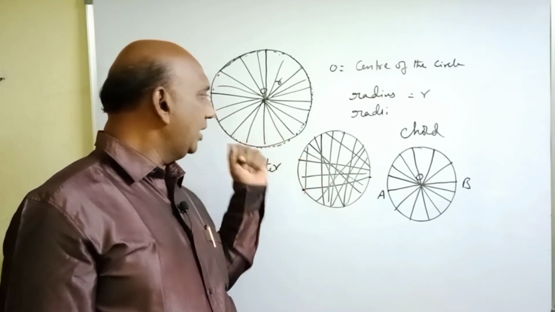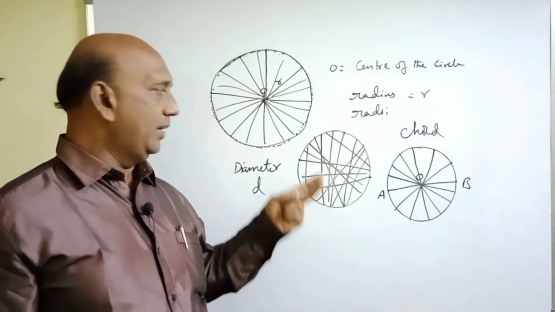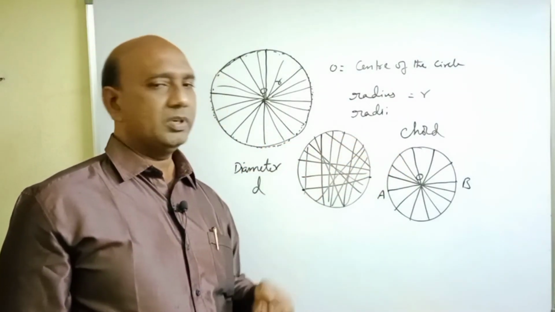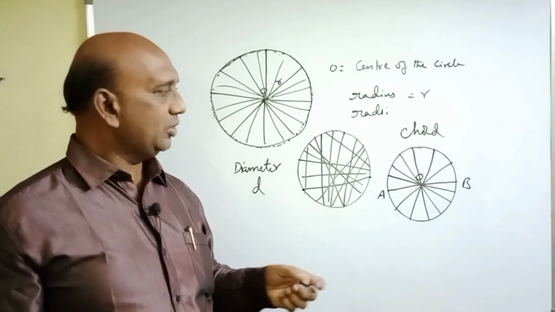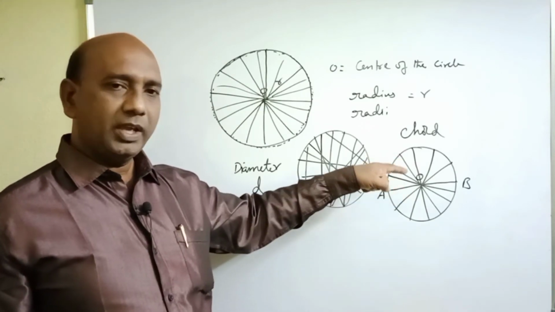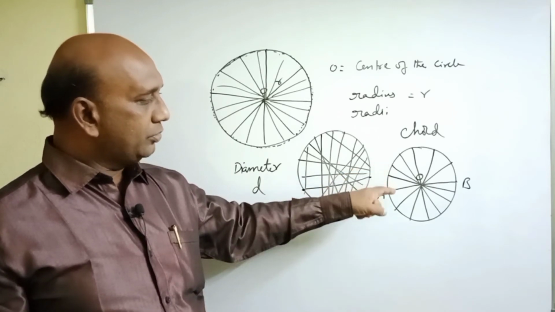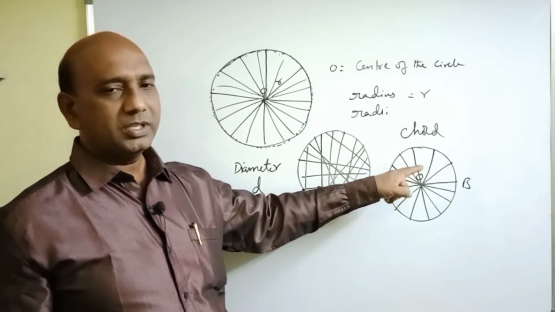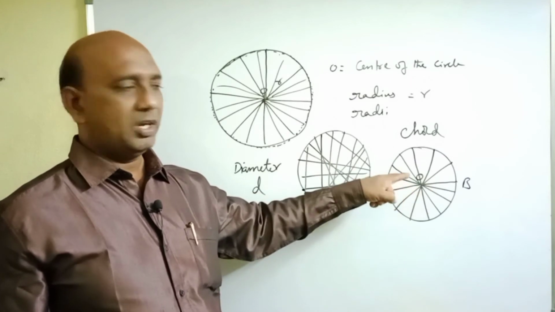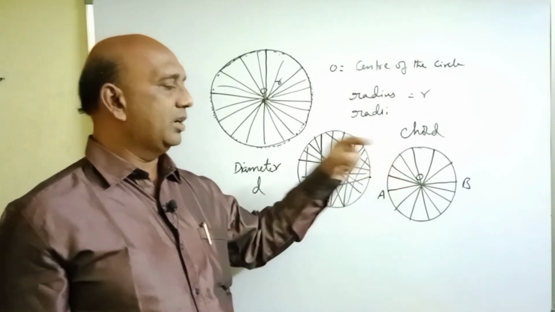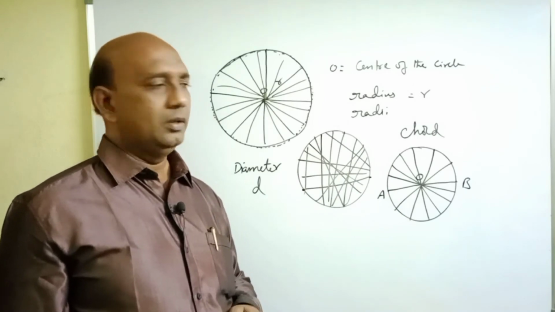Infinite number of radii are drawn to a circle. Infinite number of chords we can draw to a circle. Infinite number of diameters we can draw to a circle. So diameter is also a chord, but it is named so because it passes through the center of the circle. The chord that passes through the center of the circle is called a diameter.